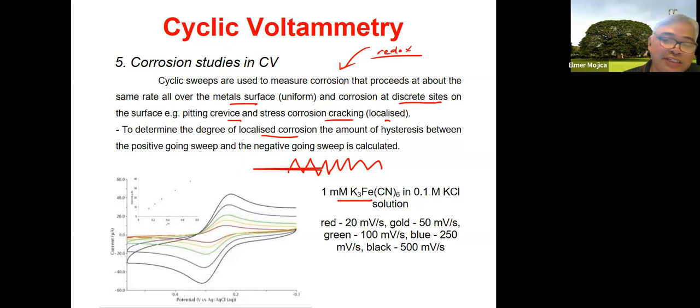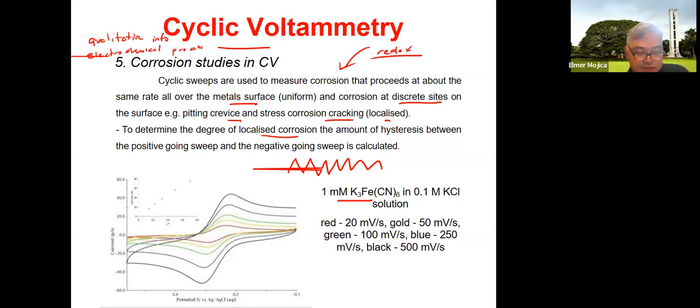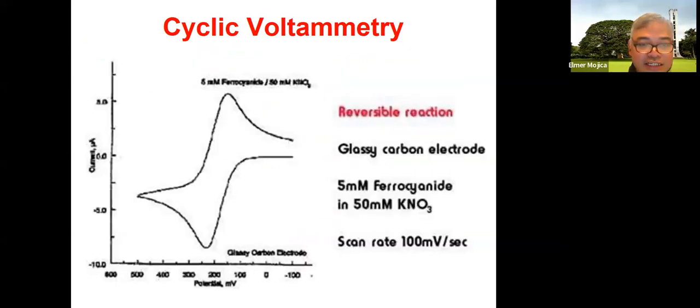Because if you're going to look at the fundamental or primary use of the CV, it's a tool for fundamental and diagnostic studies that provide qualitative information about the electrochemical process under various conditions. You can look at, let's say, the application or the behavior of pesticides, if you apply it in agriculture. Okay, and I think I have that.